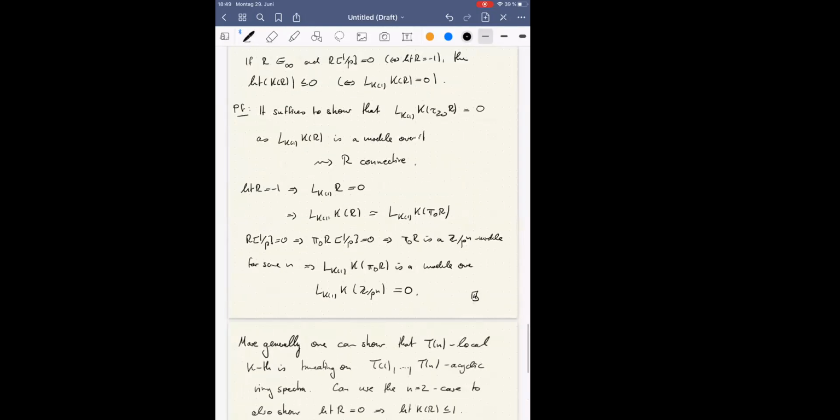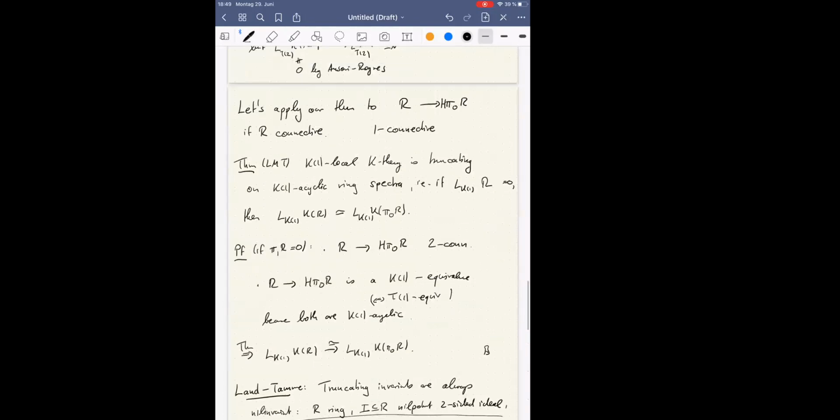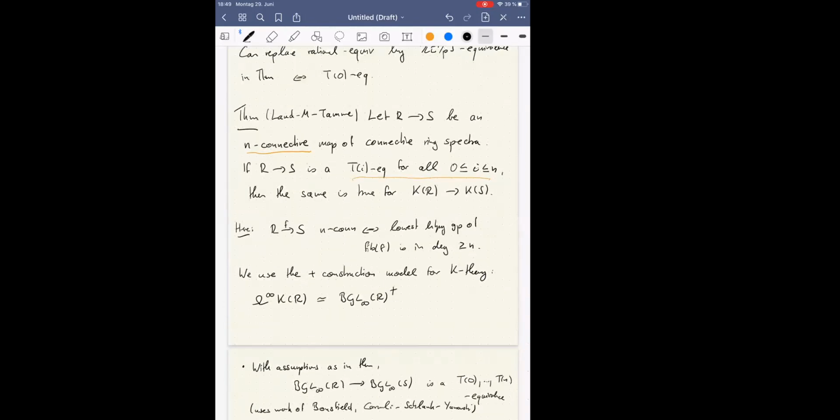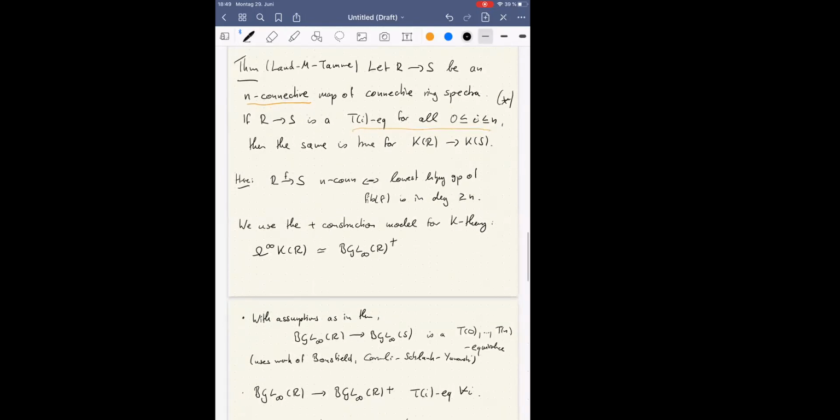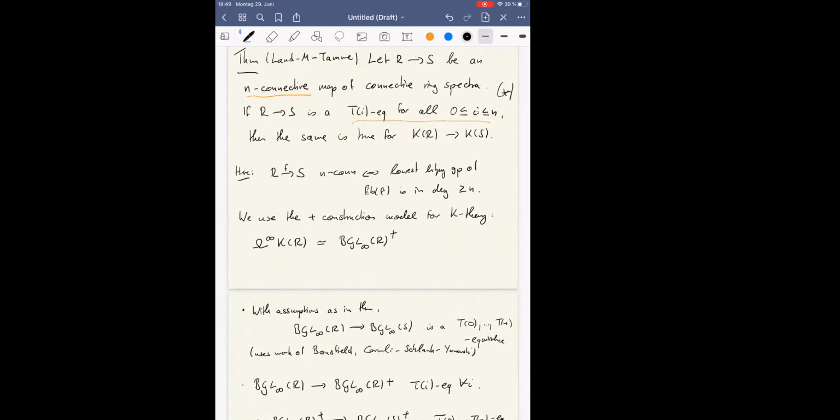This is also related to what Sean asked. He asked about a co-connective example. So this would be star: if you have an n-connective map, then it preserves these chromatic equivalences. And we can ask, is it necessary that the map is n-connective? Is it necessary that the ring spectra are connective?